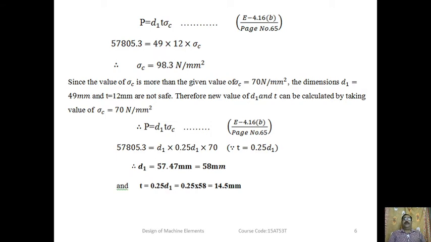So therefore we have to calculate the new values of d1 and t. After substituting the values of P, small t and sigma c in the equation 4.16b, the value of d1 comes 58 mm, and the value of thickness, small t, comes 14.5 mm. So these are the safe values.